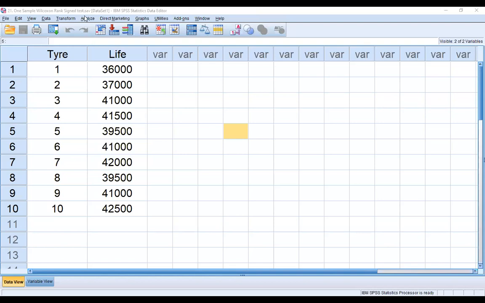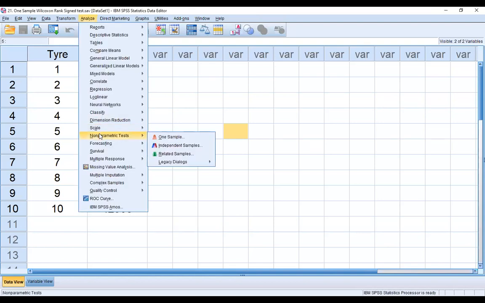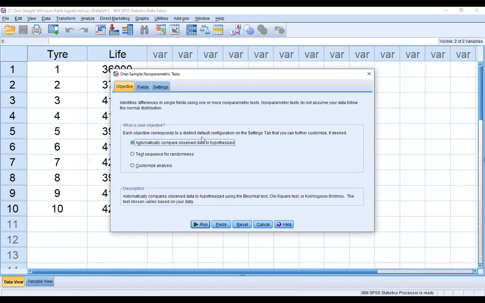Now the one sample non-parametric test: analyze, non-parametric test, one sample, and then tick.